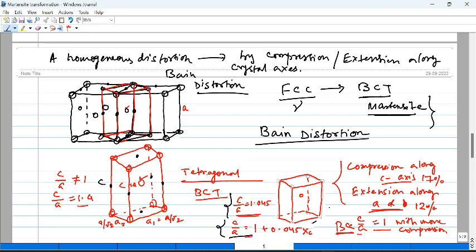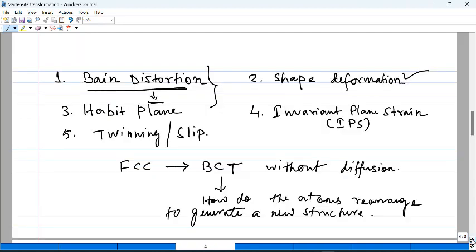We have understood so far these two aspects that we have listed out before, the shape deformation and the Bain distortion. Okay. These two basically form the basis of this entire Martensite transformation, right?